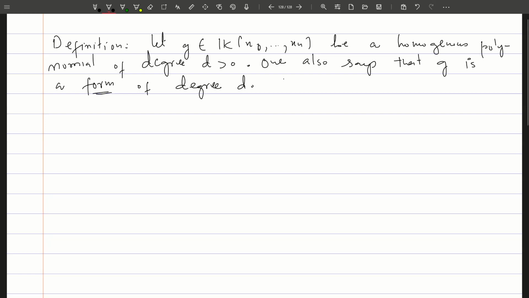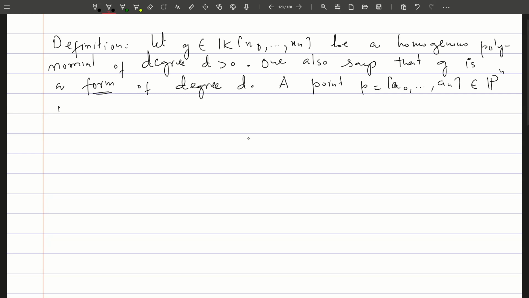So a point, say P equal to a0 through an in the projective n space.